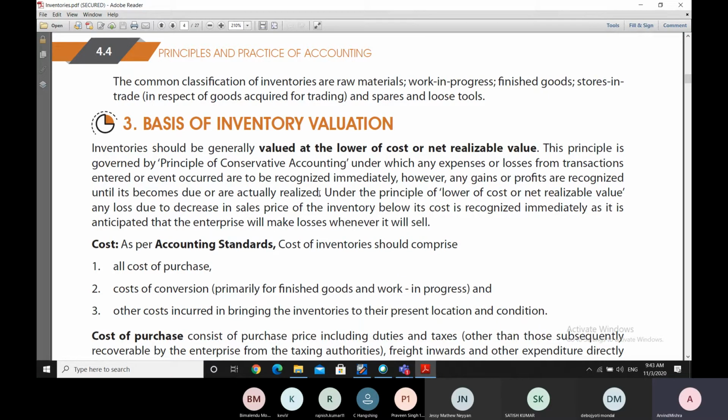So some losses may accrue, and whenever they sell, they understand that the sale price has gone down in the market below the cost, so we must recognize it. Otherwise, we may not get a true picture of our accounts.